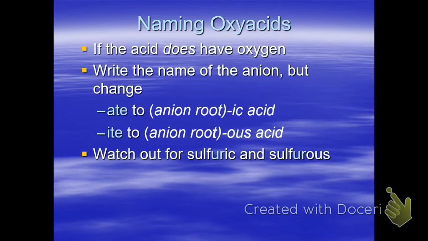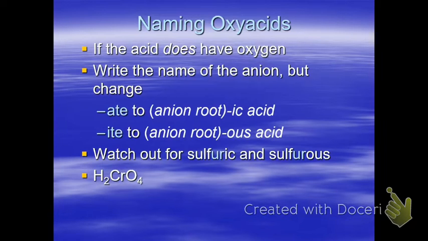So let's do a couple together. I'll talk about the sulfurous in just a second. Let's look at this one. Again, ignore that subscript of 2. It's not going to change the name. Hydrogen is joined to, look at your polyatomic ion sheet, what polyatomic is that by name? That's chromate.